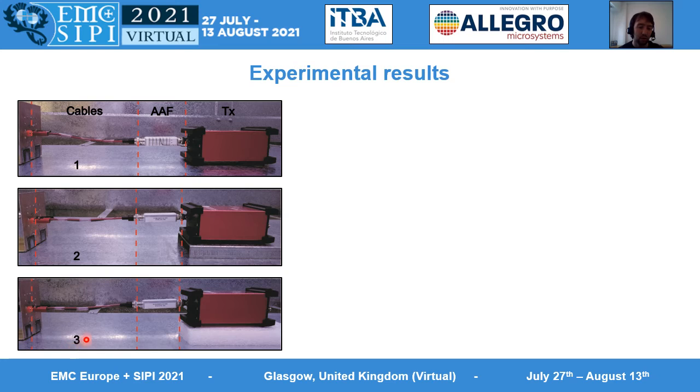And in situation 3, we have changed the supporting material in order to change this common mode impedance, but keeping the same interaction between the cables and the filter to the table compared with situation 2. So by doing these 3 different situations and analyzing the results in the different calibration planes, we have been able to take some conclusions.